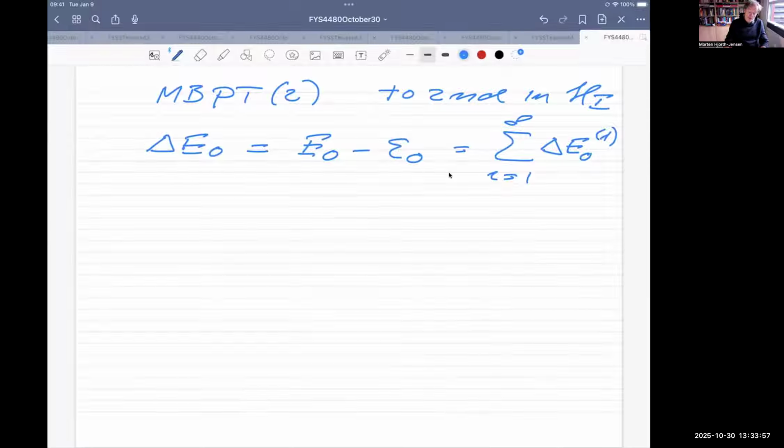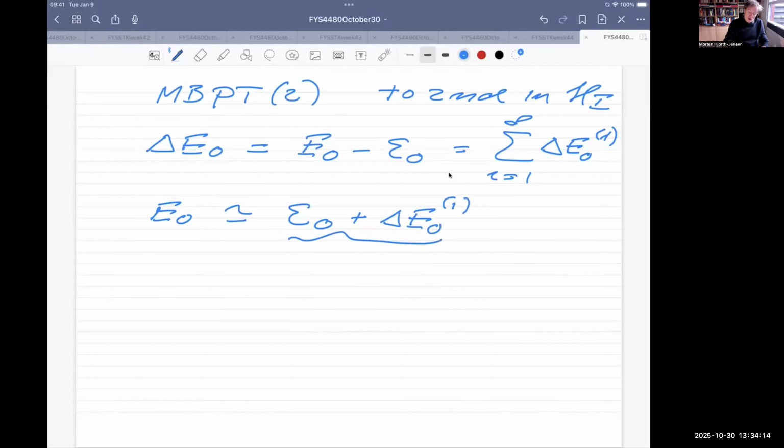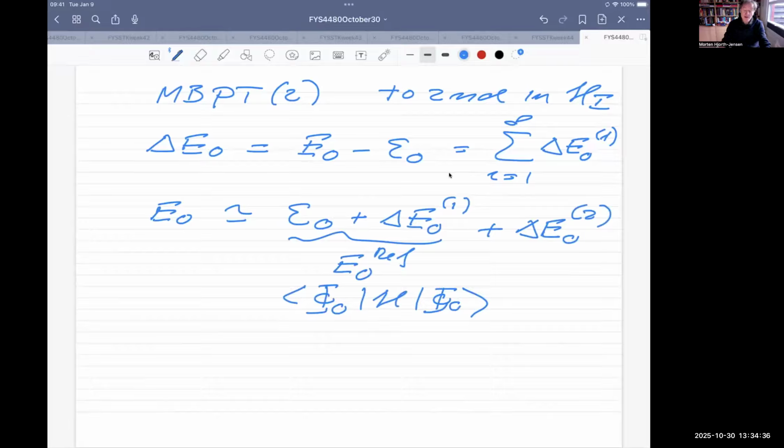So if we now do perturbation theory to second order, our energy is going to be given by this non-interacting energy, and then I'm going to have delta E0 to first order. And this is nothing but our old reference energy. If you remember what we did a long time ago, this is the same as the expectation value of this quantity. And then we have a second order term, plus delta E0 to second order. And now the second order term is the one which we are going to analyze a little bit more.